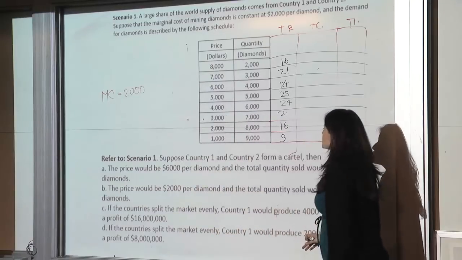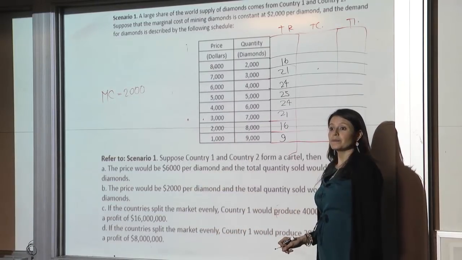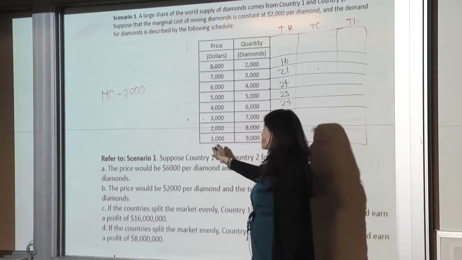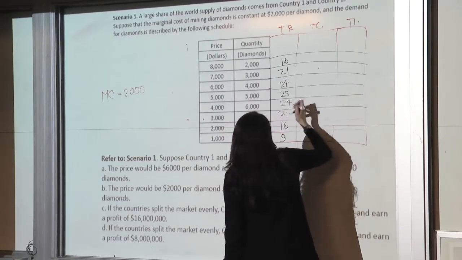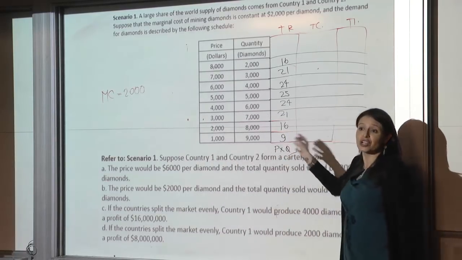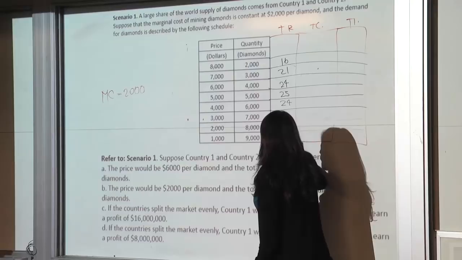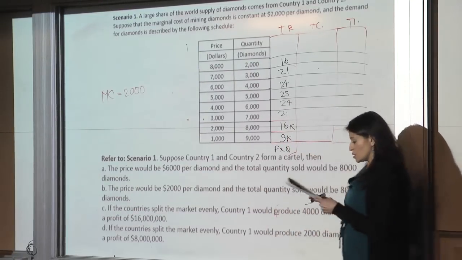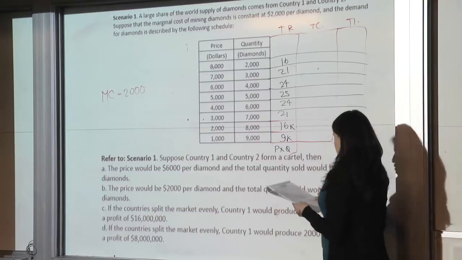How do I get those numbers? Total revenue is price times quantities, okay? So I am removing the zeros of the K, but this is 9,000, this is 16,000, etc., so we don't lose time writing zeros.